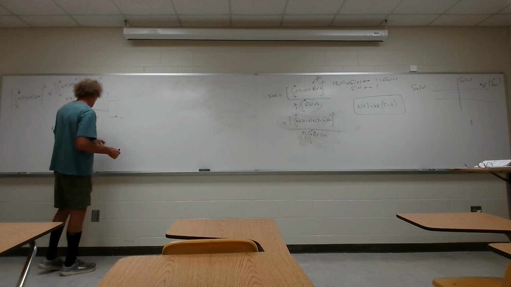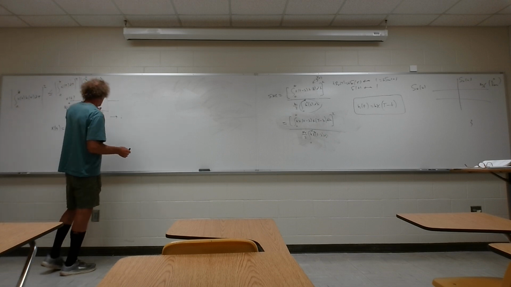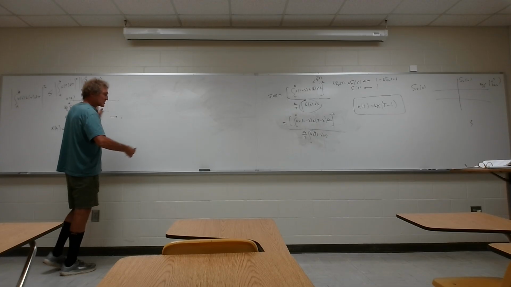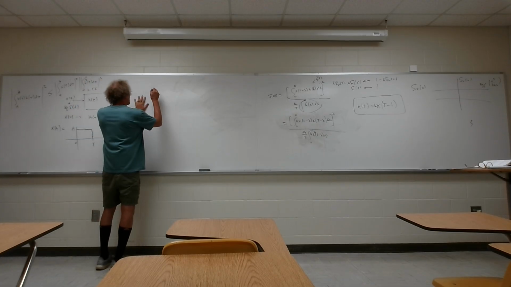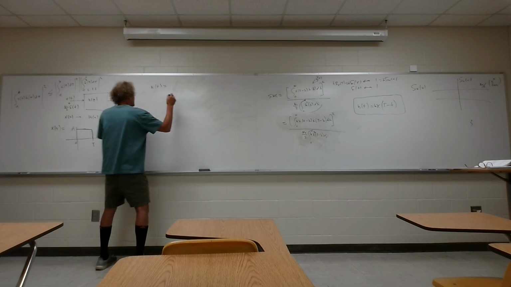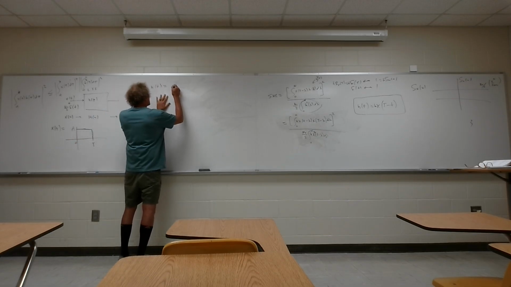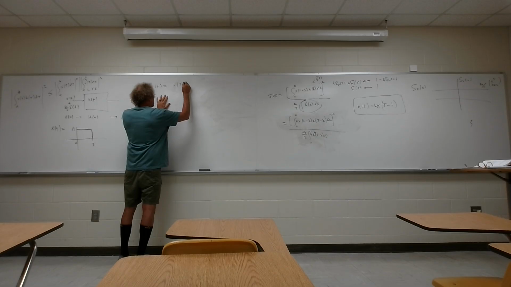And I want to look at what h of t would be used for the matched filter to get the maximum signal-to-noise ratio. Then my h of t here would be a time reversal of this. So it's basically going to be x of minus t, but there would be a value, I'll use capital T here, minus t here.